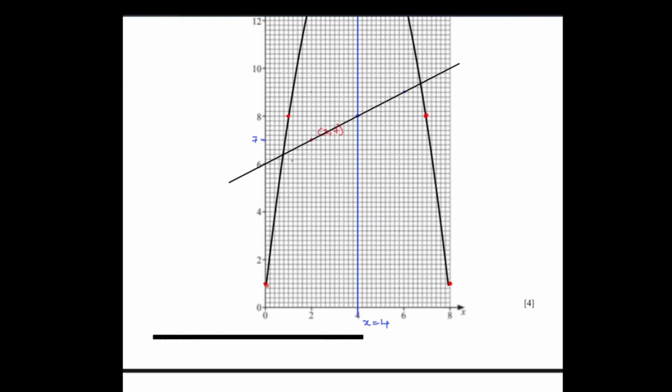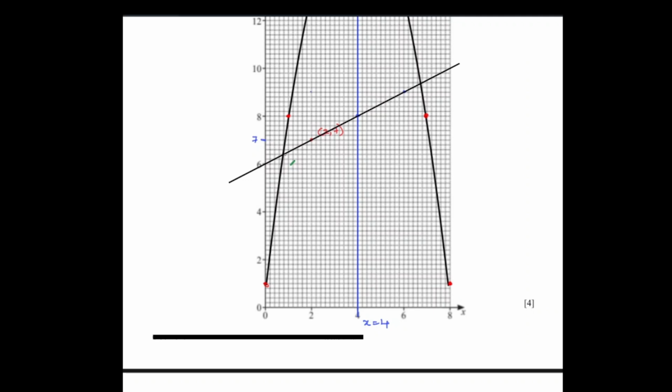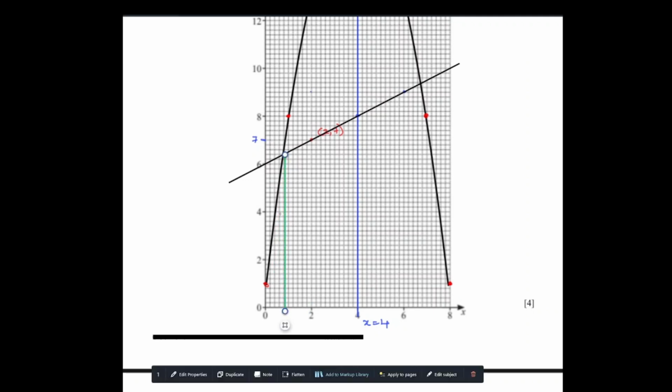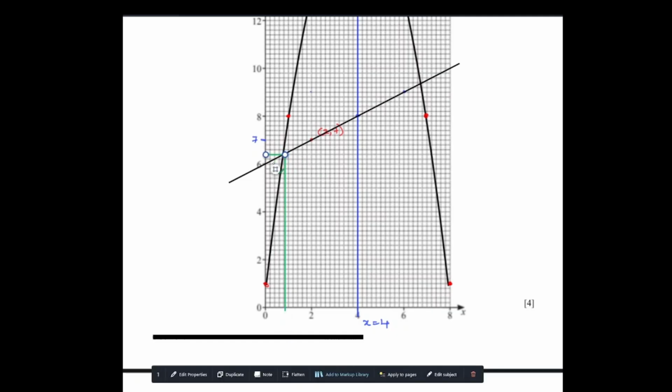So now this is intersecting here at what? Let us draw the line there to see that. So here this is the point where it is intersecting. This is the x coordinate and this is the y coordinate. So what will this be? It's before 1, 0.1 2 3 4 and this is 1.